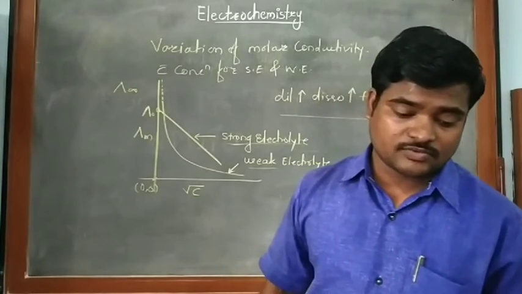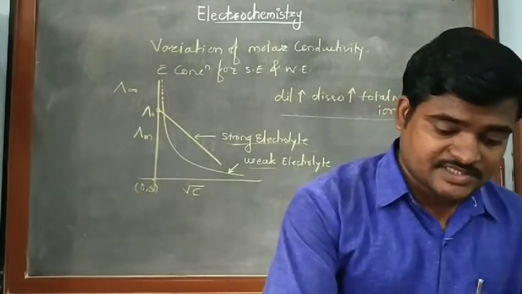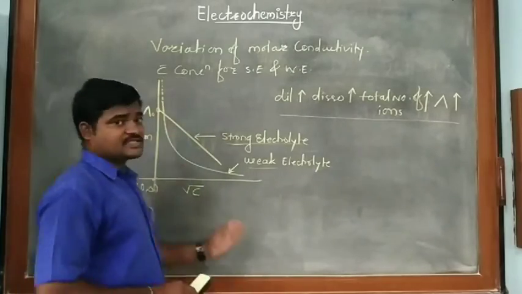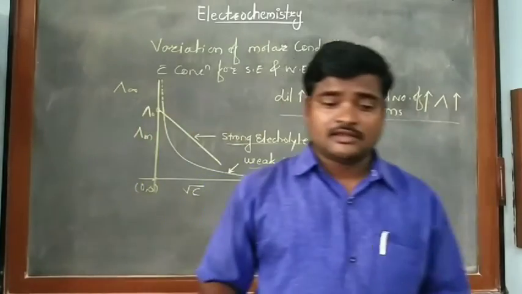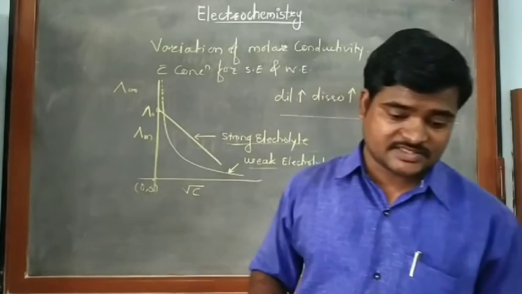However, lambda 0 values for weak electrolytes cannot be obtained by this method, since the graph shows the exponential nature, and we will not get the exact values.